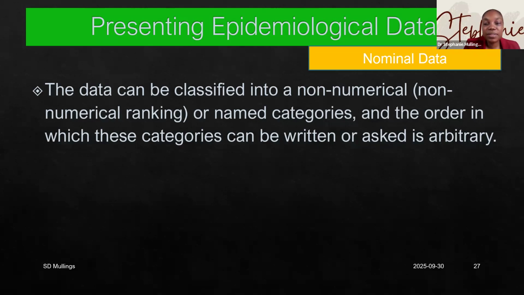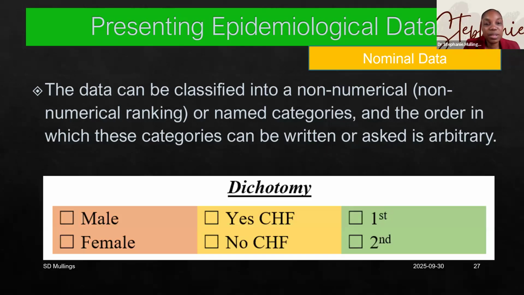All right, so we have examples. So you have males and females. In terms of marital status, it could be whether you're single, married, or divorced. All right. And this is really in a context for male and female, it's a dichotomy. You're either male or female. All right.